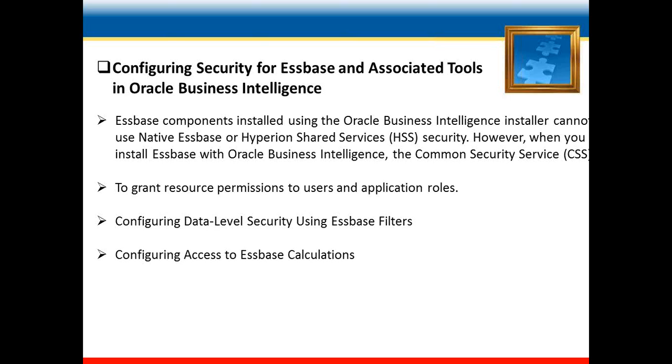For it, we just have to click Business Intelligence and then the core application under Business Intelligence in Fusion Middleware Control. Then right click on the Business Intelligence menu, go to core application, select the application policies, and then select the OBR application type. So this is about how to grant resource permissions to the users and application roles.